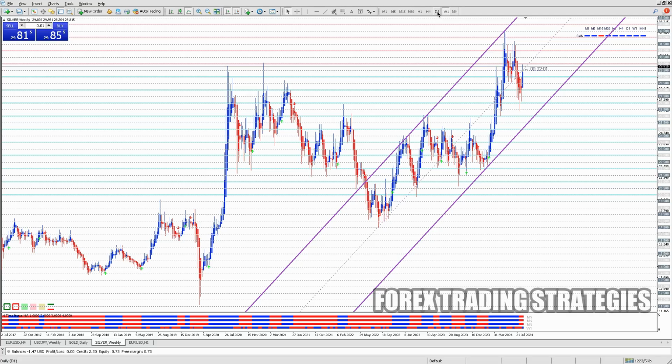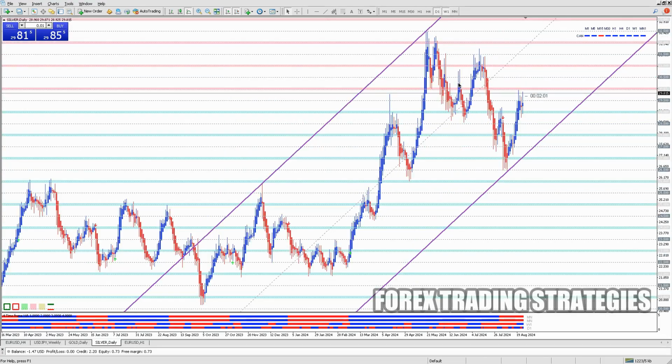I assume you have got a trading strategy that you are using for your trading. If you don't have a strategy for trading, I rather advise you to come up with a strategy that you can test and make sure that it aligns with who you are as a trader. Are you a swing trader, scalper, day trader, and stuff like that?